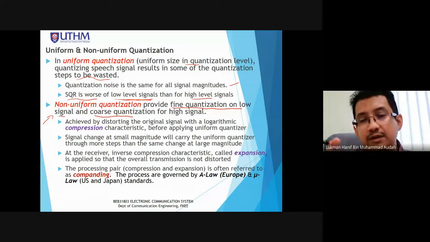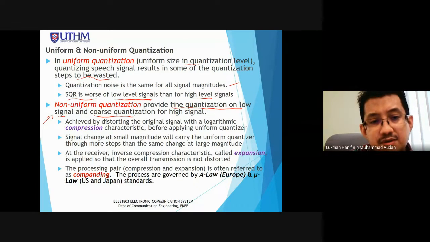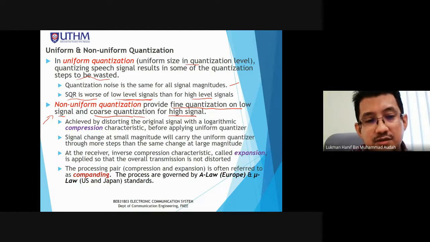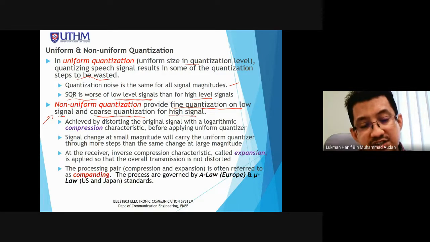Coarse tu lebih sedikit, dia tidak begitu halus. So for strong signal we provide coarse quantization, we adjust the level. For weak signal or low signal, we provide fine quantization, maknanya ada banyak levels.